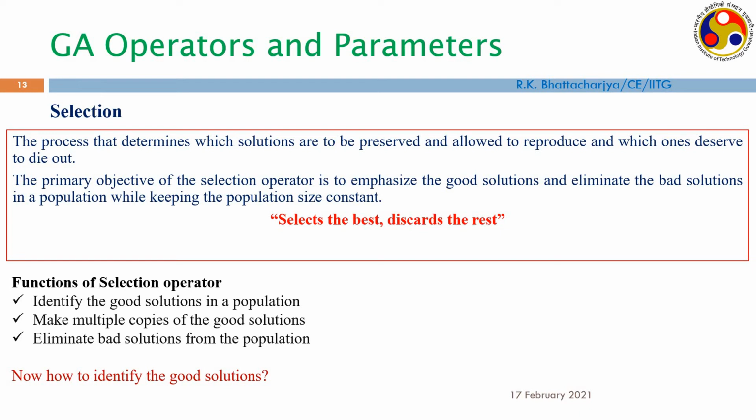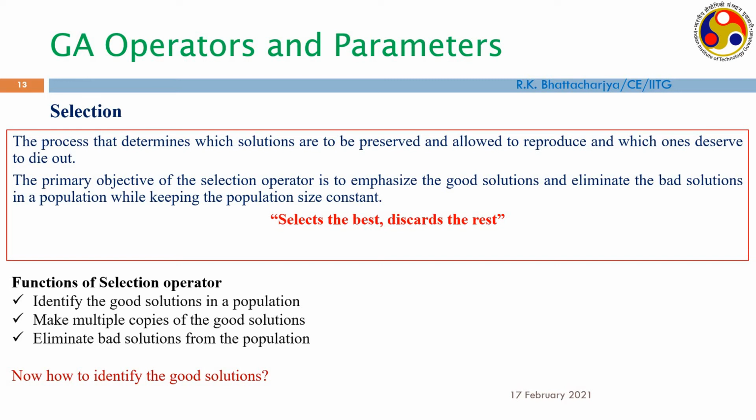Those that die out will be eliminated from the selection process. The primary objective of the selection operator is to emphasize the good solutions and eliminate the bad solutions in a population while keeping the population size constant. I hope this is clear.